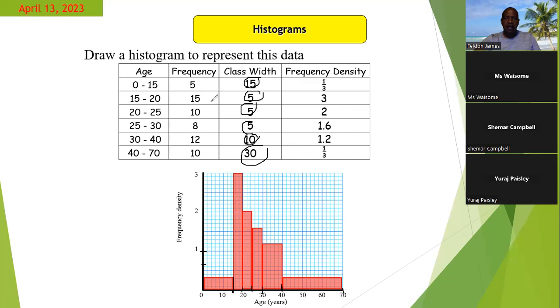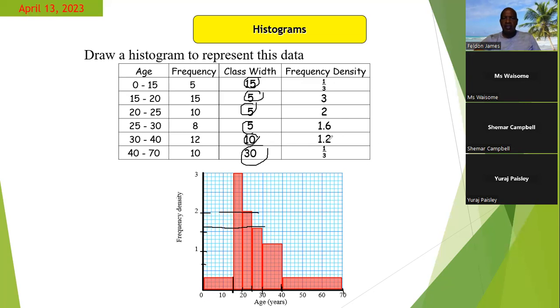So for this bar, you will go all the way up to 3. For the next bar, you would go up to 2. And for the other one, you will go up to 1.6. So this is about 1.5 here, 1.6 would be right here.